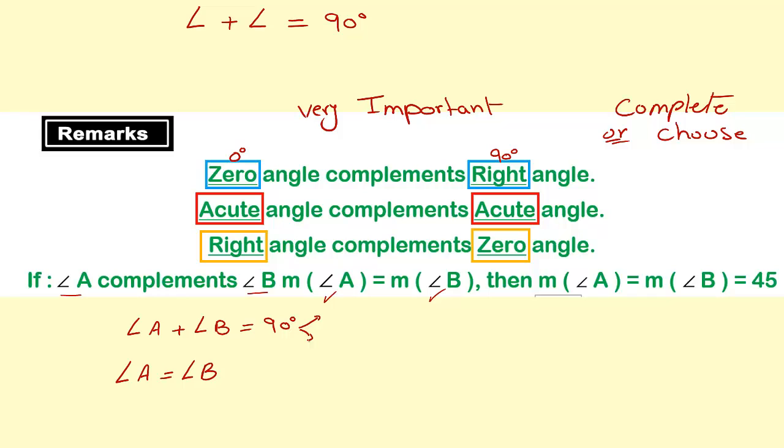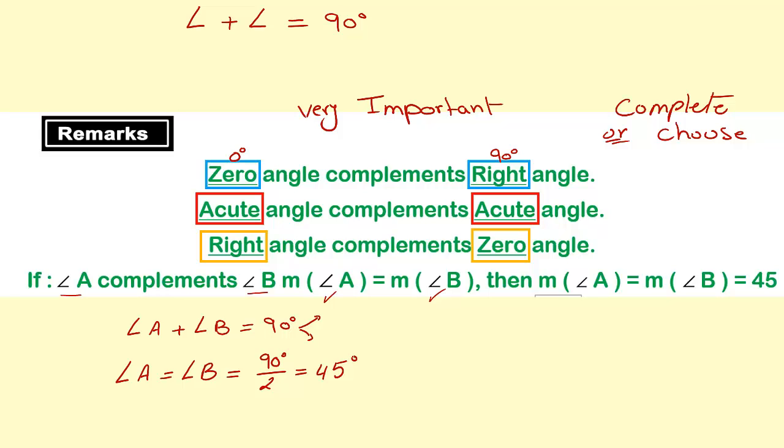How can I find the measure of one angle? Simply I can say that the measure of angle A is equal to the measure of angle B, and both of them are equal to 90 degrees divided by 2, because I'm going to divide the 90 degrees on two equal angles. So each angle is going to equal 45 degrees.